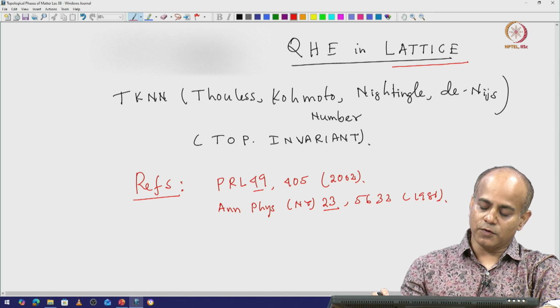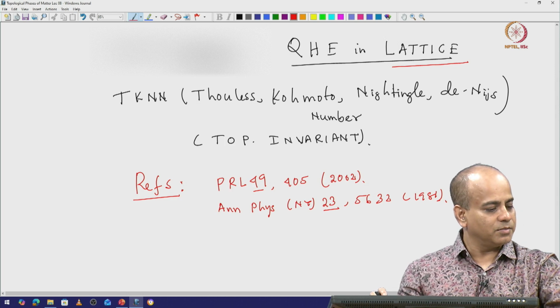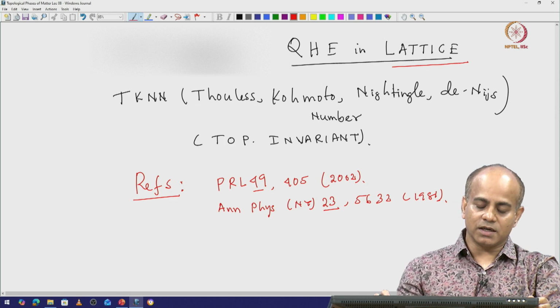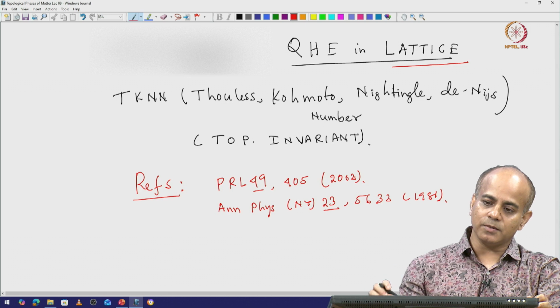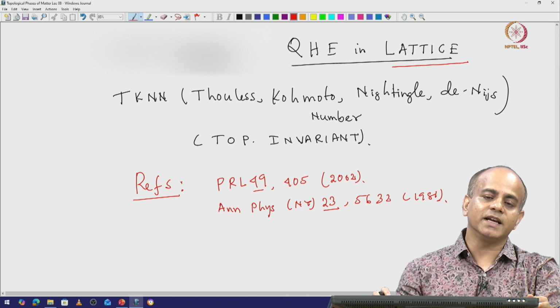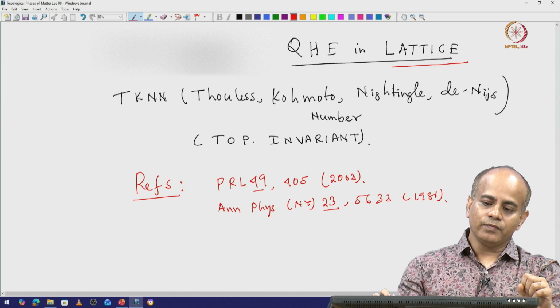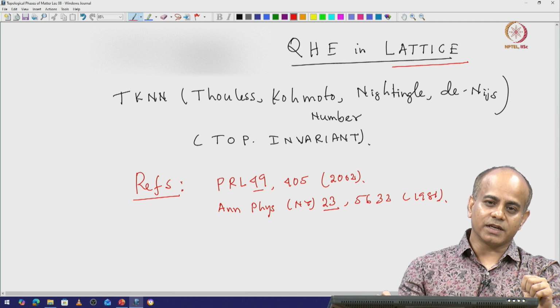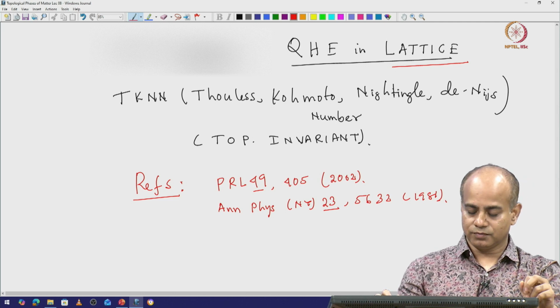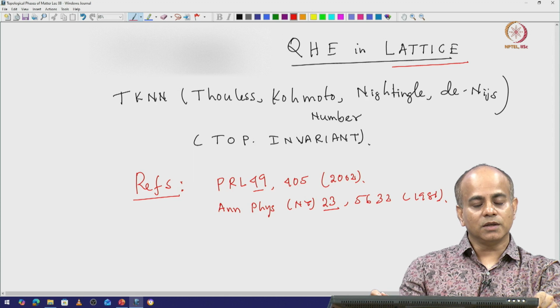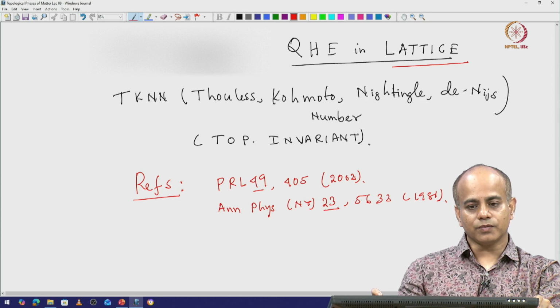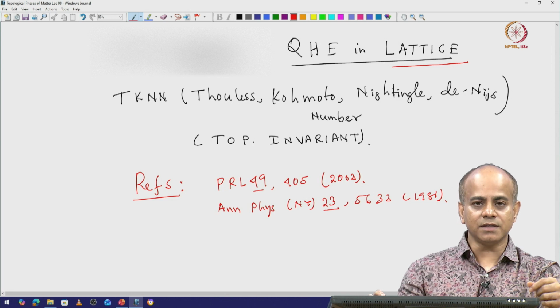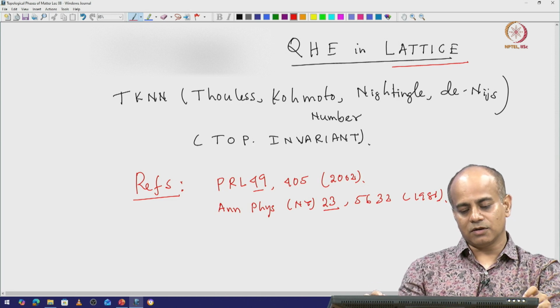We will introduce formally the Chern band and Chern number in the next chapter, but from this chapter we will slowly get an idea about how the Landau levels in a lattice become a Chern band, and how this topological invariant called Chern number is arising starting from the Landau level.